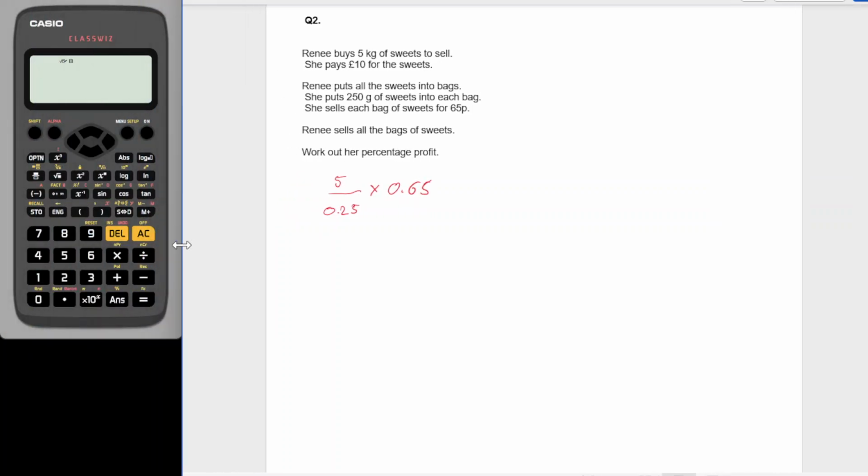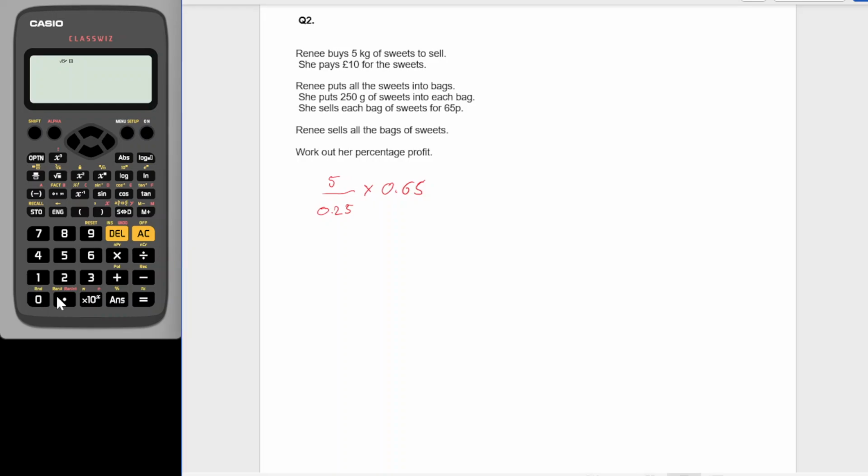I think that's going to be 20 times 0.65, which would be £13, but let's use our calculator. That gives us £13. So she's made £13 and she's spent £10.